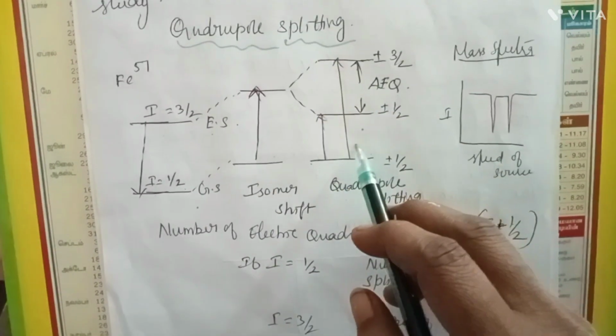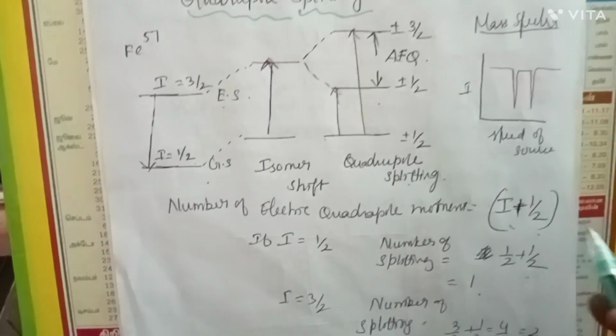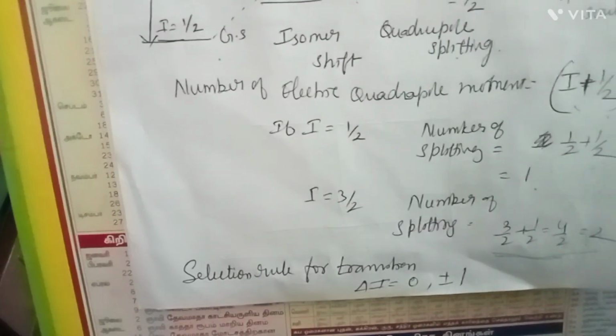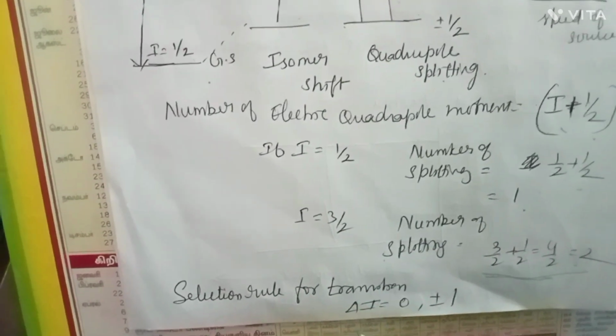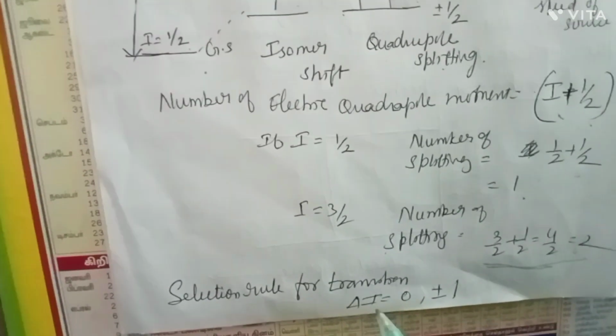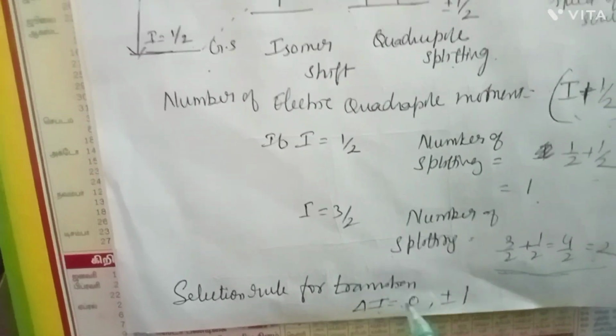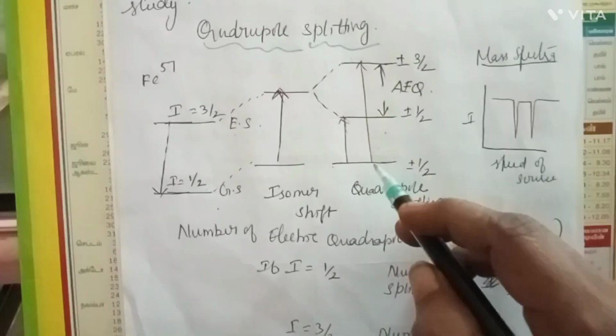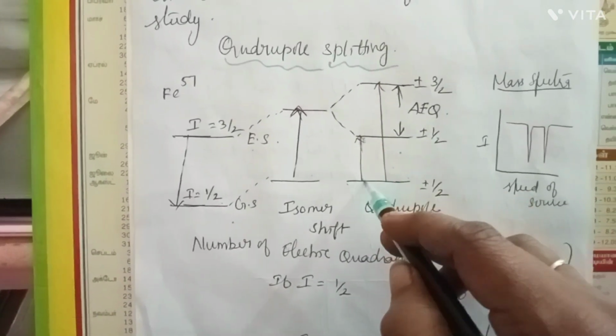Two transitions are possible here: plus or minus 1/2 to plus or minus 1/2, and plus or minus 1/2 to plus or minus 3/2. So two peaks are obtained in the Mossbauer spectrum.